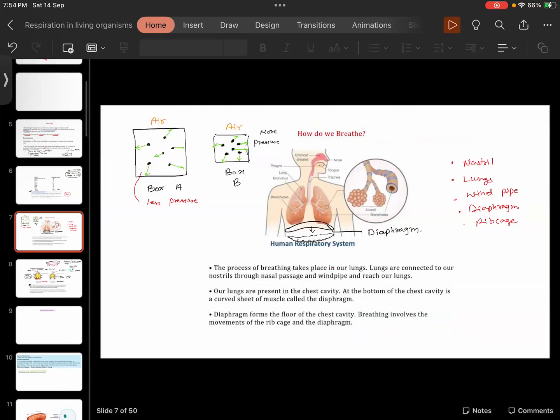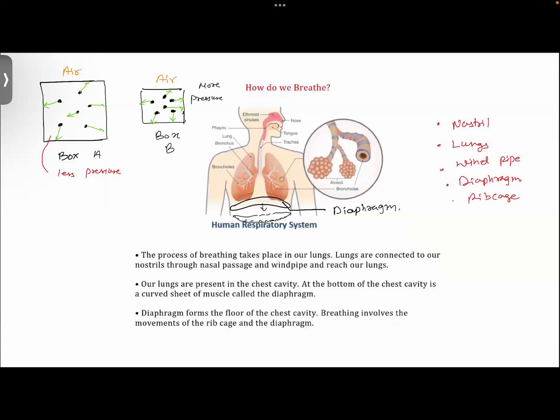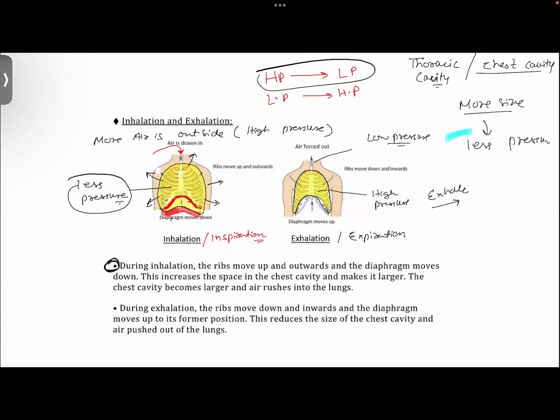In the previous class, we were learning about the mechanism of breathing. How, due to the increase and decrease in the size of the chest cavity, we are able to breathe in air and breathe out air. There we learned about the mechanism of inhalation in detail: when the diaphragm moves down and the ribs move up, the chest cavity increases in size and hence the pressure decreases.